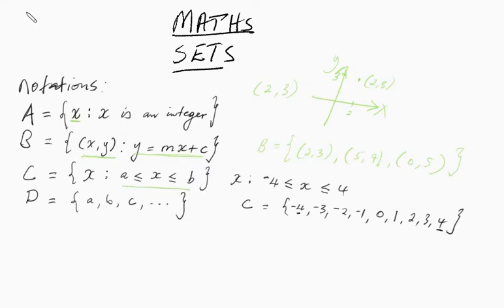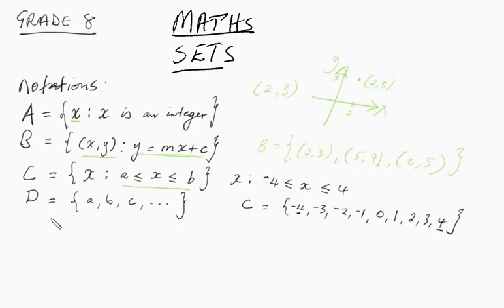Here we are in grade 8 mathematics. So from grade 8 you are tutored on how sets are represented or defined in mathematics. All right? So now let's have a few examples here.